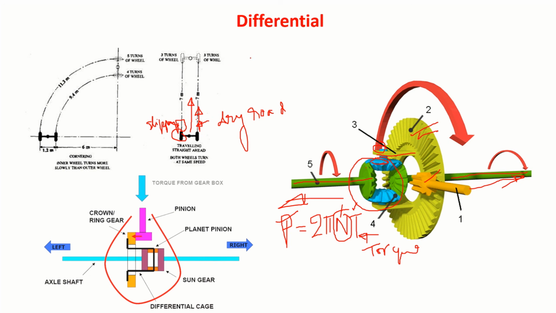So that is the basic problem. Suppose one of the wheels is on the slippery road and the other is on the dry road, it is difficult to overcome those kinds of things in a conventional differential. So the best way is to somehow increase the torque of the wheel which is on the dry surface and reduce the torque on the other, so that it will move and take things forward.